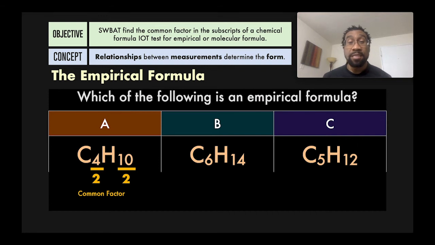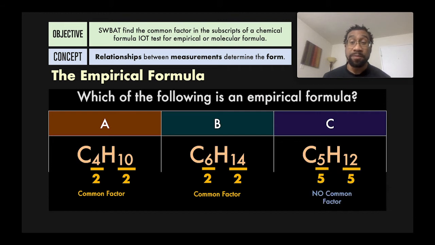So then let's look at the next answer. We got C6H14. Well, if we look for a common factor between 6 and 14, we end up with 2 again, all right? So since these two formulas have common factors, they are actually not empirical formulae. All right, so if we examine C5H12 for a common factor, 5 and 12 don't have any common factors other than 1, okay?